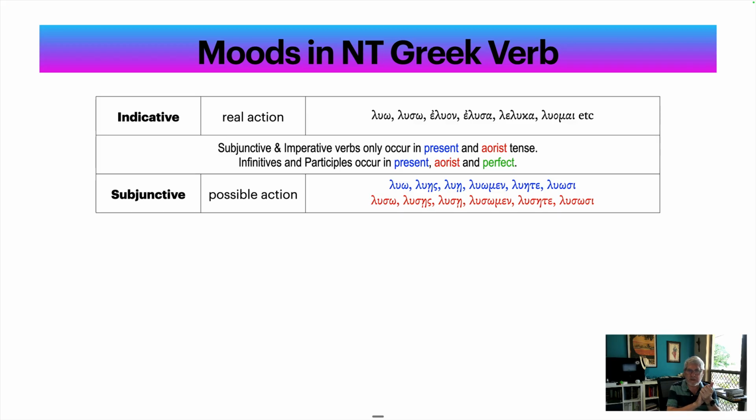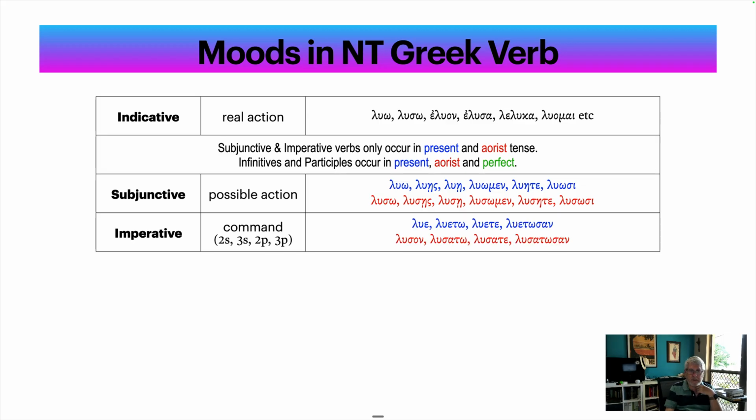When we move it across to the aorist, one of the things that's changed is that outside of the indicative we no longer have the augment on the front. So it becomes luso, luses, luse, lusomen, lusete, lusosi.